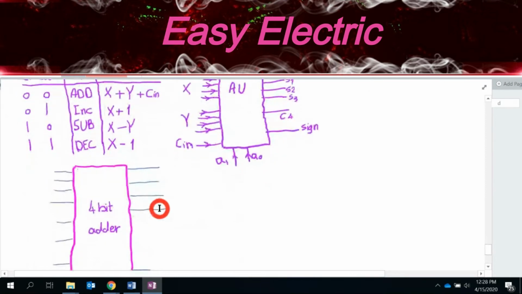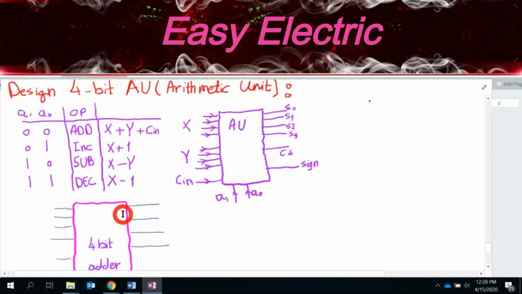Okay, so back to this here. If you check the whole of these columns that you have, you could guess what we should give in these 4 inputs of the 4-bit adder based on these 4 functions that you need to do. So no matter what you have in A0 and A1, what will happen? The first number all the time is X, right?